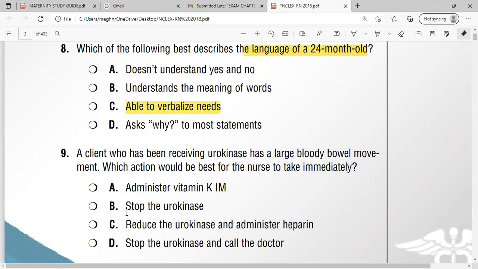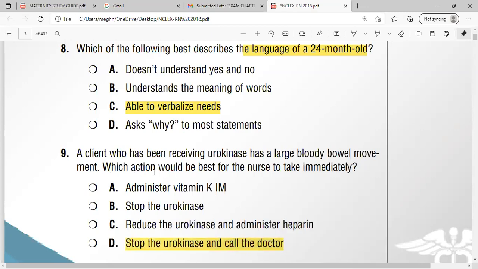Number B, stop the urokinase. Number C, reduce urokinase and administer heparin. Number D, stop the urokinase and call the doctor. The correct answer is number D. Stop the urokinase and call the doctor.